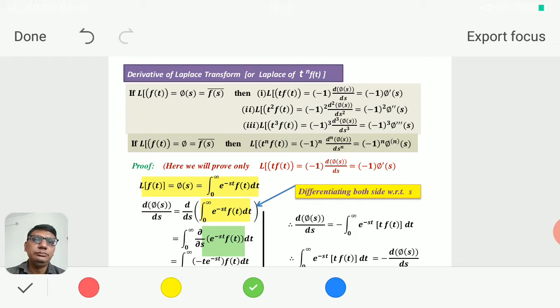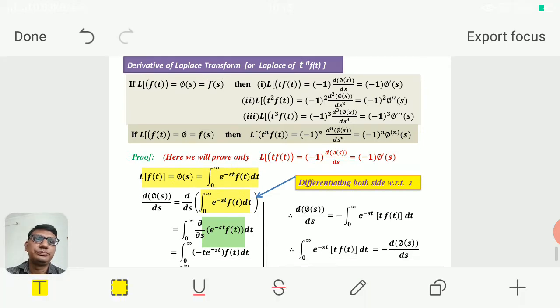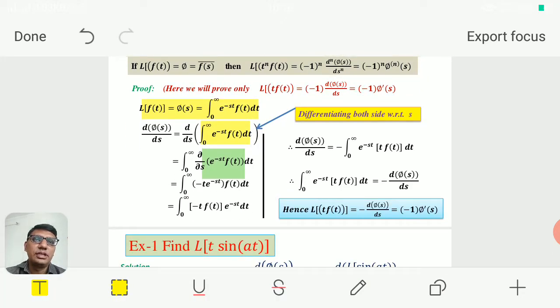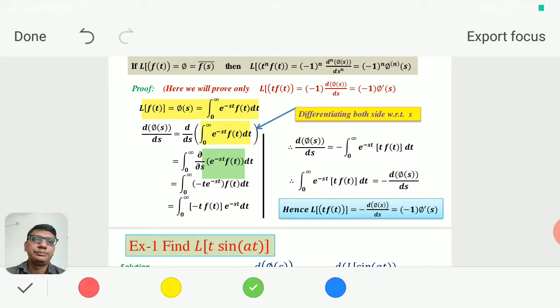Now the next part, we differentiate e raised to minus st. Its derivative will be t into e raised to minus st, with a minus sign, f(t) dt.